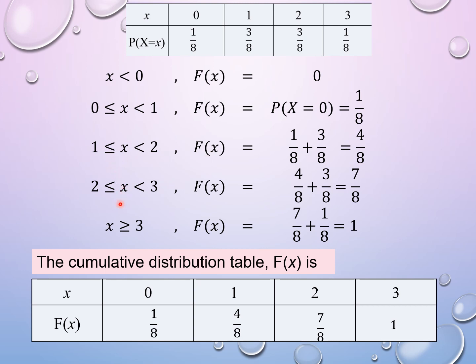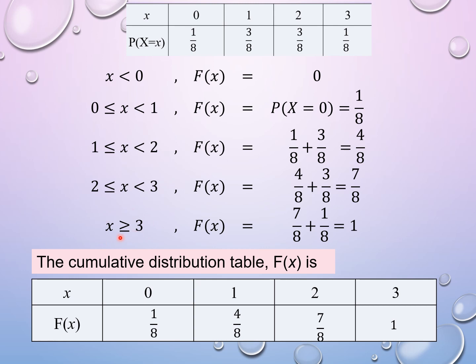Okay, then we have x greater than or equal to 2, less than 3. So you will have to sum up 0, 1, and 2. You have 4 over 8 over here plus 3 over 8. Then you get 7 over 8.